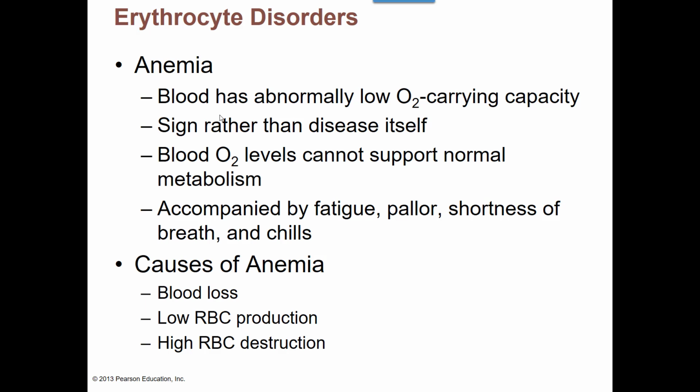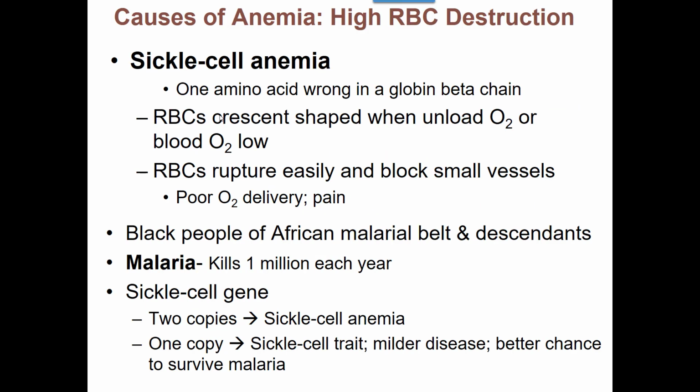Now, sickle-cell anemia, again, it's a type of anemia, and it comes because in making of the red blood cell, we need the hemoglobin, and hemoglobin is a protein. Proteins are made of amino acids. Well, in sickle-cell anemia, when we try to make that globin part of the hemoglobin, one of the amino acids is wrong.